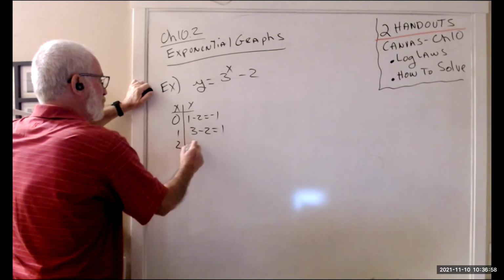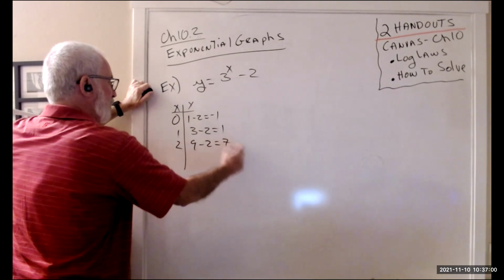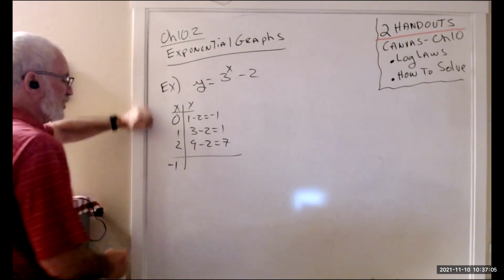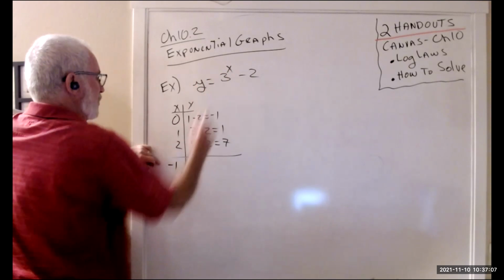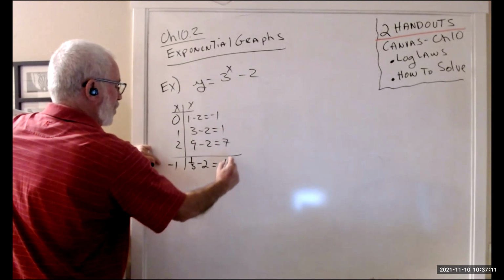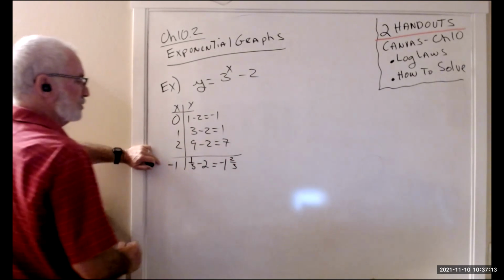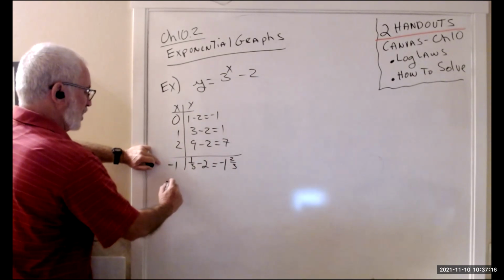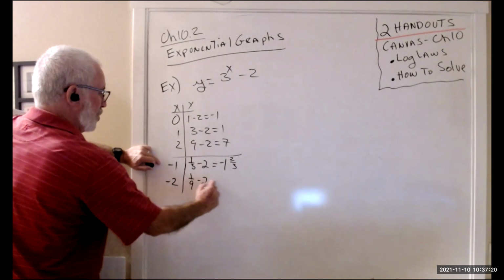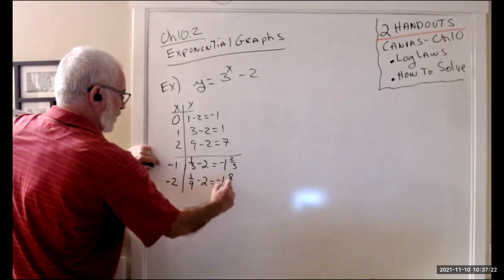If x is 2, this is 9 minus 2, which is 7. But then you always have to play with the negative numbers. If x is -1, then this is 1/3 minus 2, which is -1 2/3. And if x is -2, then this is 1/9 minus 2, which is -1 8/9.